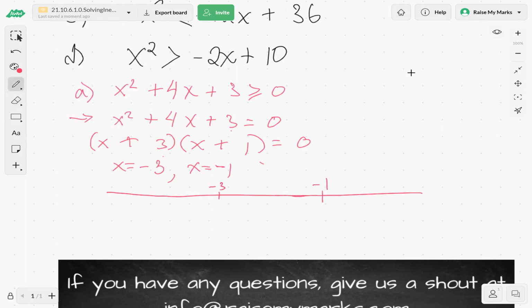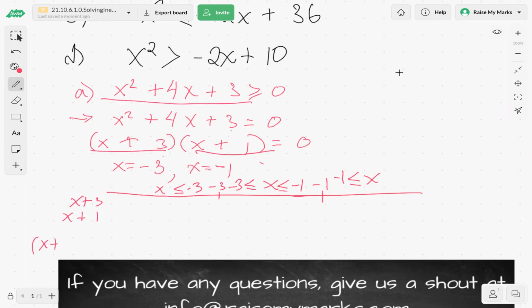We're going to consider the x values greater than or equal to negative 1, x values between negative 3 and negative 1, and the x values less than negative 3. We're going to consider our two factors, x plus 3 and x plus 1, and then, of course, their product, which is exactly what we're looking for, x squared plus 4x plus 3. So let's put that in.